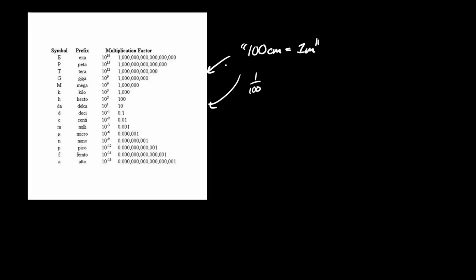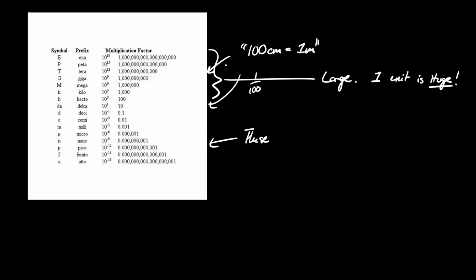So these prefixes up here, in general, are large. 1 unit of these guys is huge compared to down here, where these are tiny. So for example, for 1 femtometer, there's a ton of those little femtometer guys in something that's higher up on the scale, such as 1 centimeter.